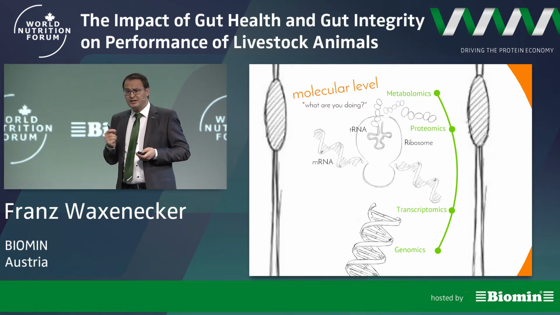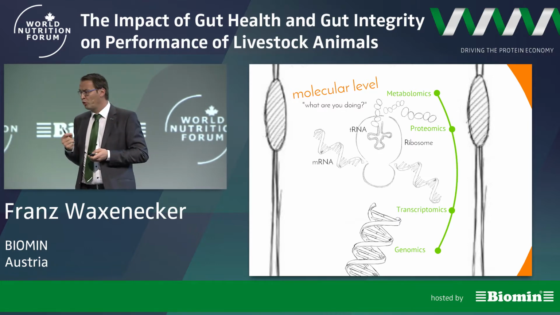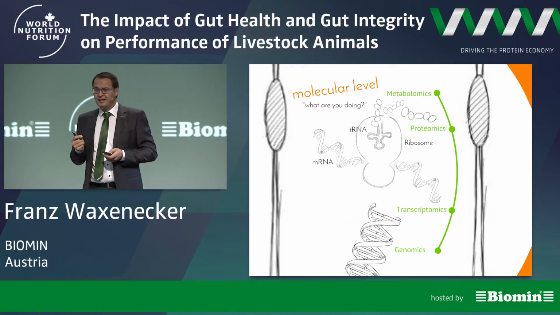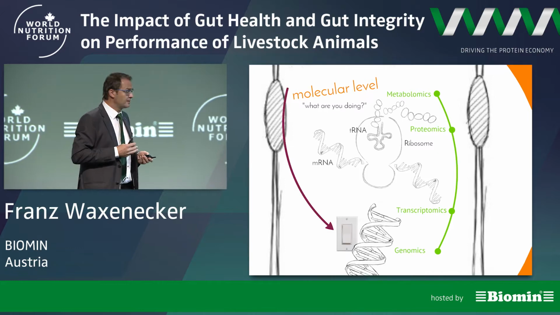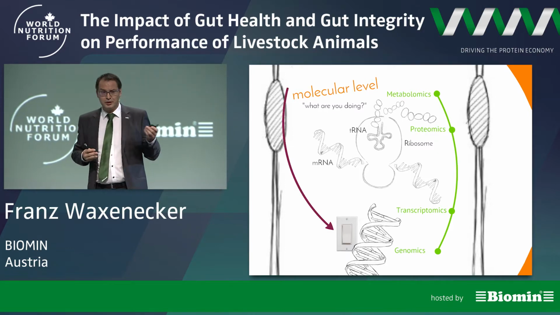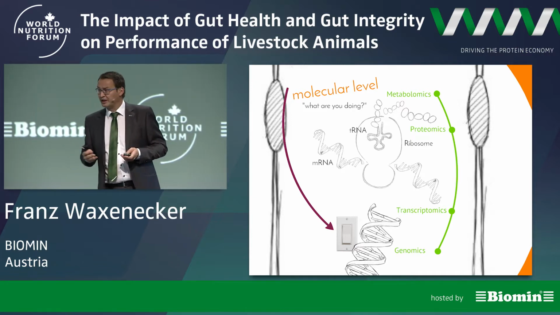And please allow me, I try to simplify a little bit these omics technologies in order to better understand this one. In many cases, the enterocyte, the gut cell, reacts on an external factor, which can be a bacterium, which can be a toxin, which can be stress, which can be a nutrient.